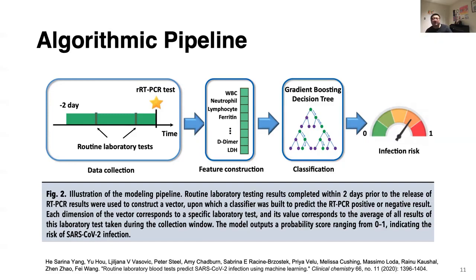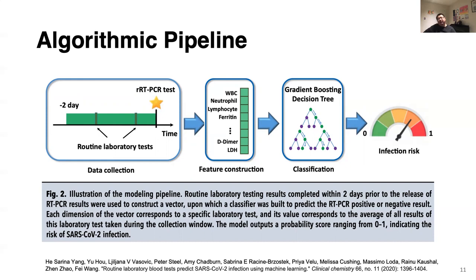Because patients who got infected by SARS-CoV-2 may have already demonstrated some abnormalities in their routine blood test results. This has been mentioned by quite a few epidemiological studies from different places. So this comes with our design.